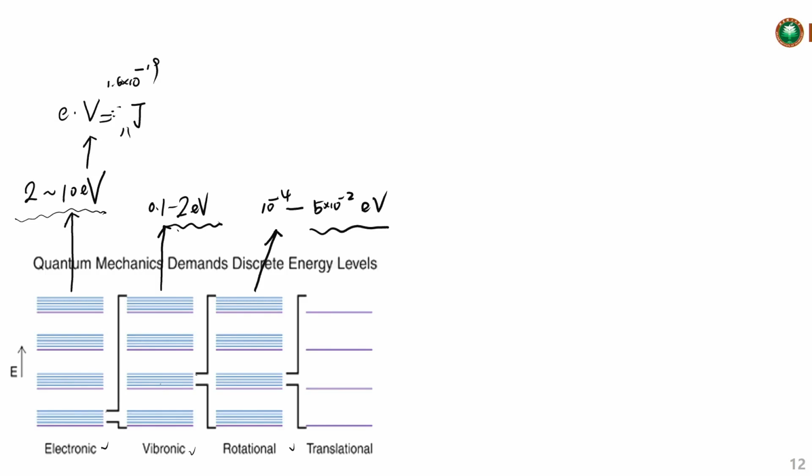However, if we have, for example, electromagnetic radiation with energy around 3.05 electron volts, then it can be separated into about 2 for the electronic part, 1 for the vibrational, and 0.05 for the rotational.